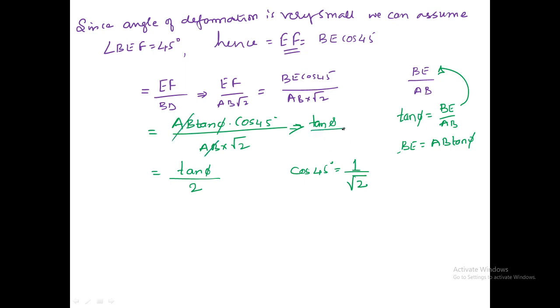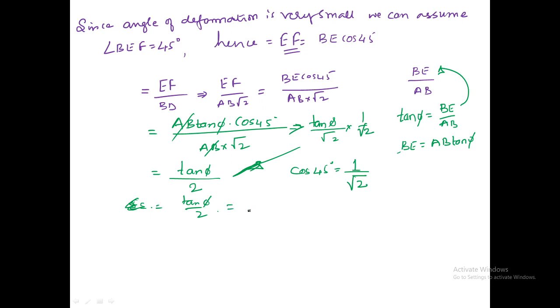So what remains below? Root 2. Now this is 1 by root 2. If you simplify this, you are going to get strain equal to tan phi by 2.